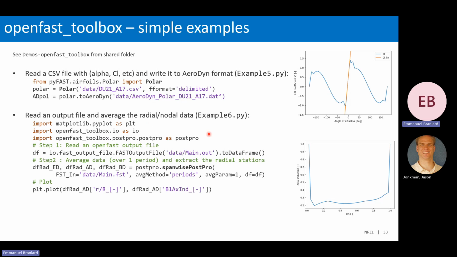And what is my last example? An example that I think is very useful is what I was showing you, the axial induction as a function of the span. Or it could be the blade bending moment as a function of span. The toolbox can compute this for you, and it does it in a way that I think is good and that should be done.